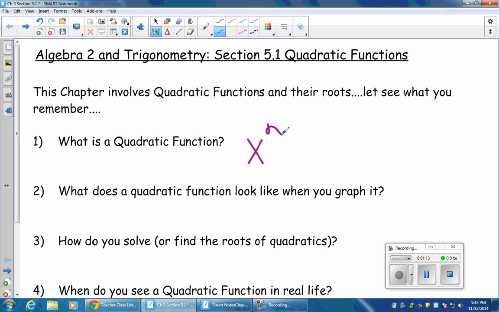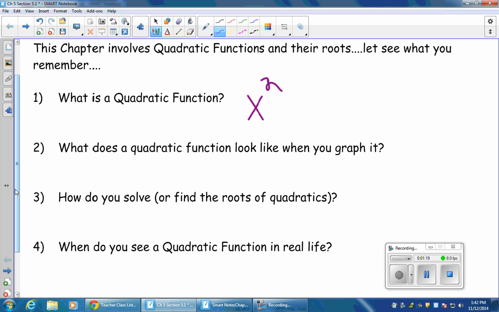It's supposed to be a 2. What does it look like when you graph it? And that is a parabola. How do you solve or find the roots?